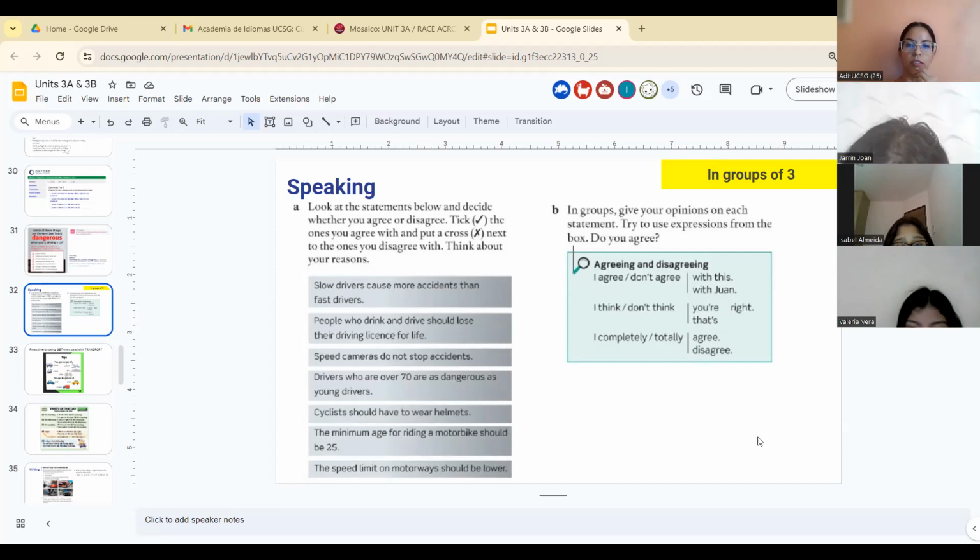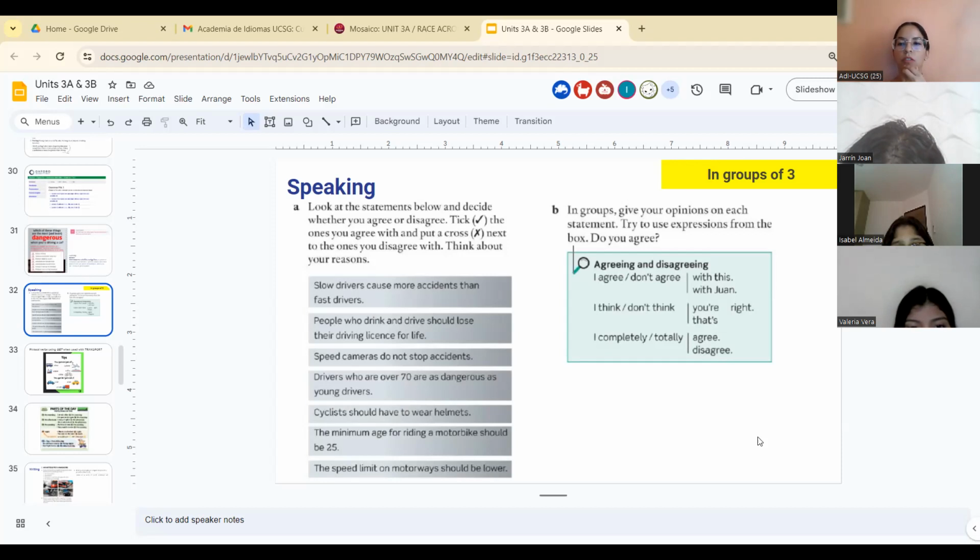Give me good reasons. I think that's right because it is important for driving. For driving. Yes, driving lesson for life.